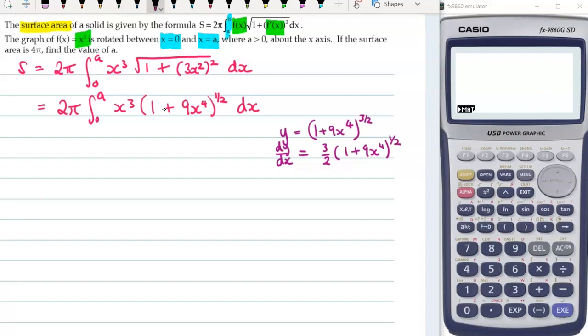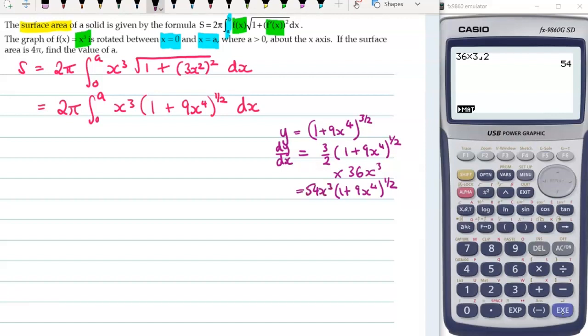And then we would times by the derivative of the inside. So 9 times 4 is 36, x cubed. So overall, if we did 36 times 3 over 2, we'd have 54. So this is 54, (1 plus 9x to the 4) to the half. Oops, I missed out the cubed. 54x cubed.